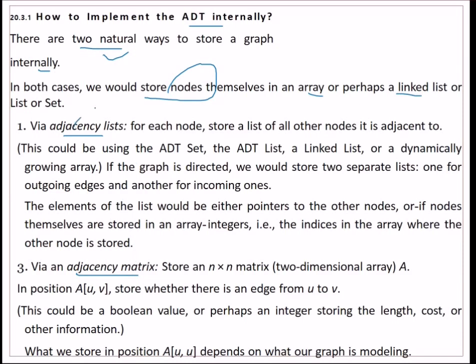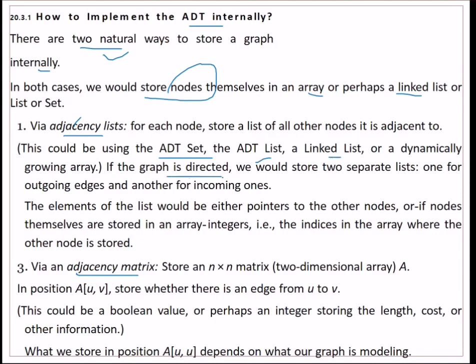In the adjacency list, for each node we store a list of all other nodes it is adjacent to. That is why it is an adjacency list. And this could be implemented using ADT set, list, linked list, or dynamically growing array.